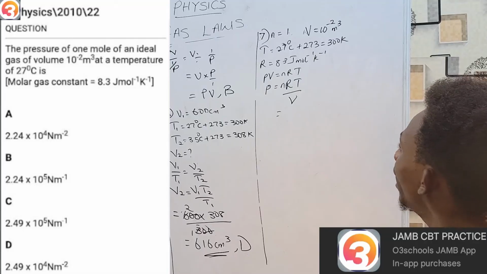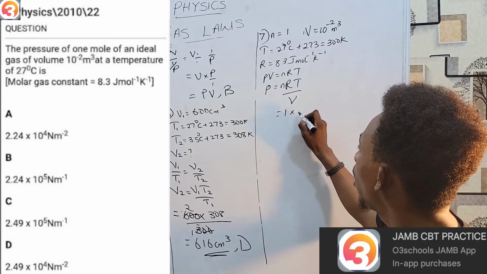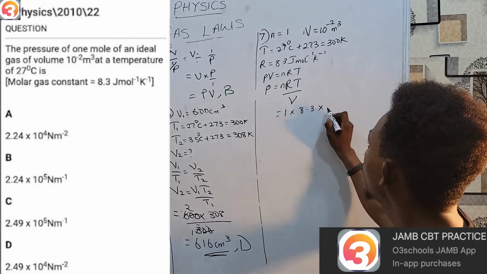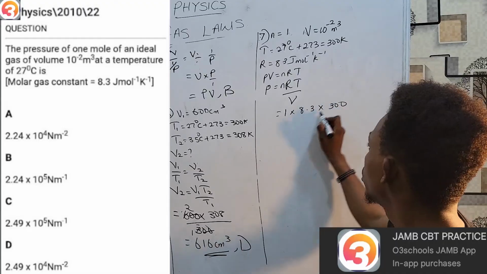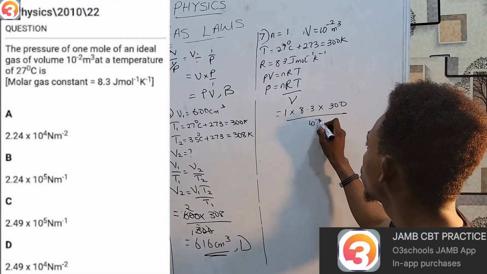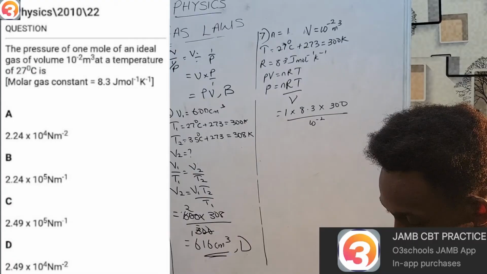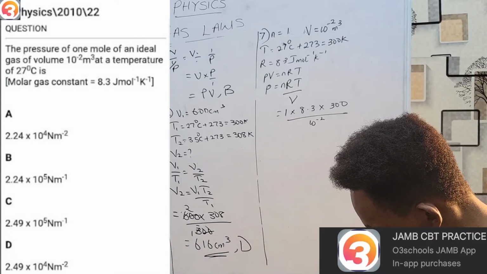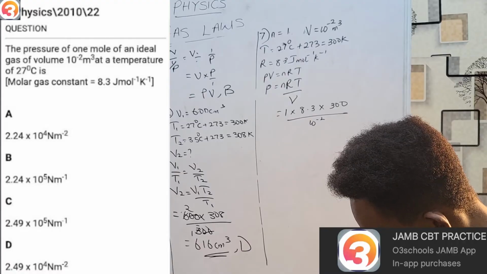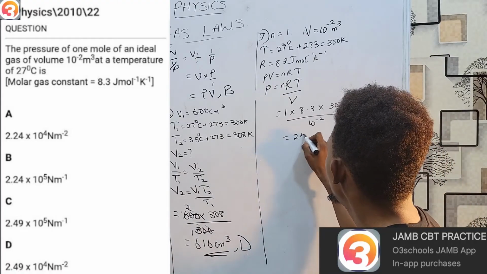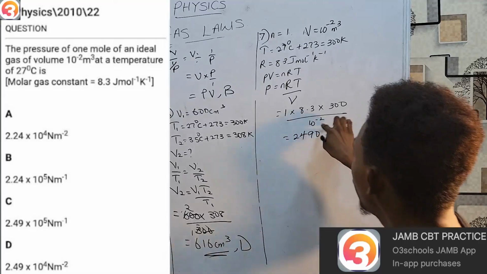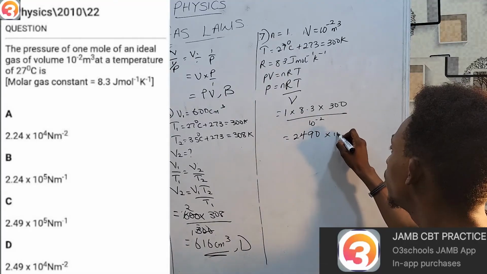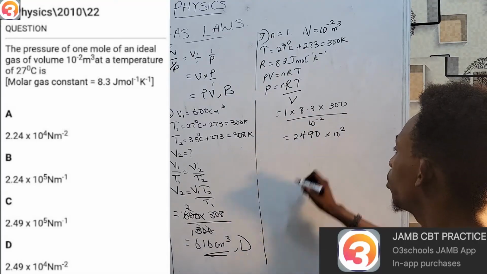So what will my n be? My n is 1, R is 8.3, and T is 300, all over V, 10⁻². So with my calculator, I have to do 8.3 times 300. That is going to be 2490. Then 10⁻² comes up, and the minus turns to plus 10².